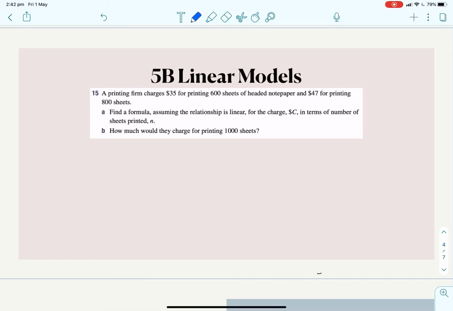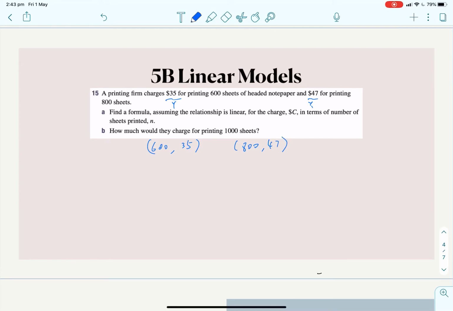Right, the last one here is really similar to what we did in last lesson 5a, how to find the equation of a straight line. So I'm just going to write those out first. Normally the dollar is always the thing that we're interested in, so we call that Y. So we just write down the 2 numbers. 600 is $35, and 800 is $47.